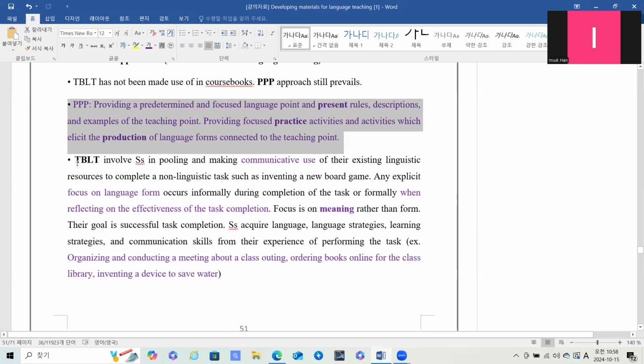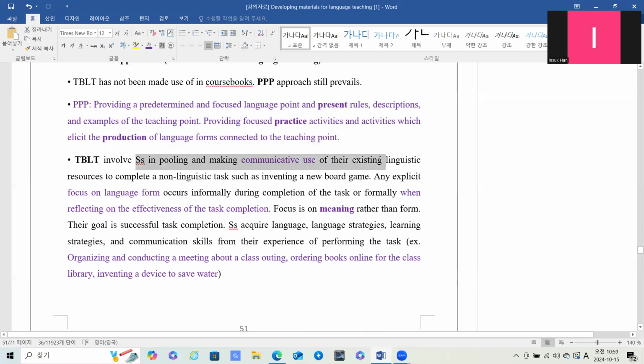However, TBLT quite recently has become the norm or a prevalent pedagogy as the realization of communicative language teaching. TBLT involves students in pulling and making communicative use of their existing linguistic resources to complete a non-linguistic task such as inventing a new board game.